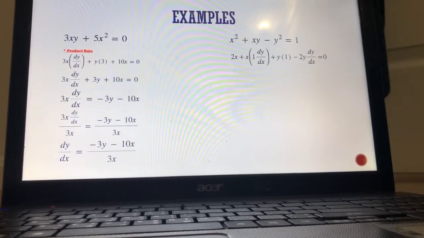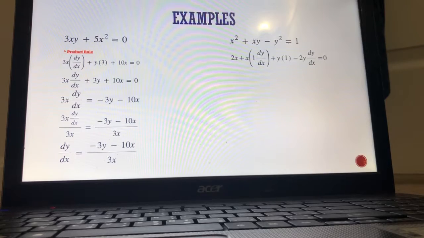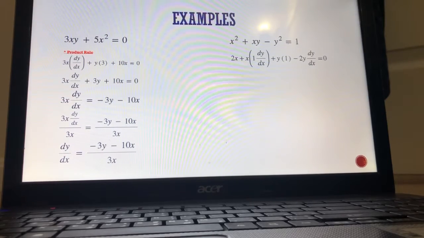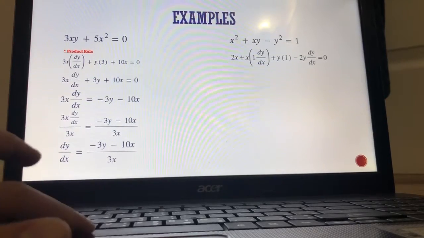And then the derivative of y squared will be negative 2y dy/dx. That is because it is another variable, so we have to add the dy/dx portion of it.